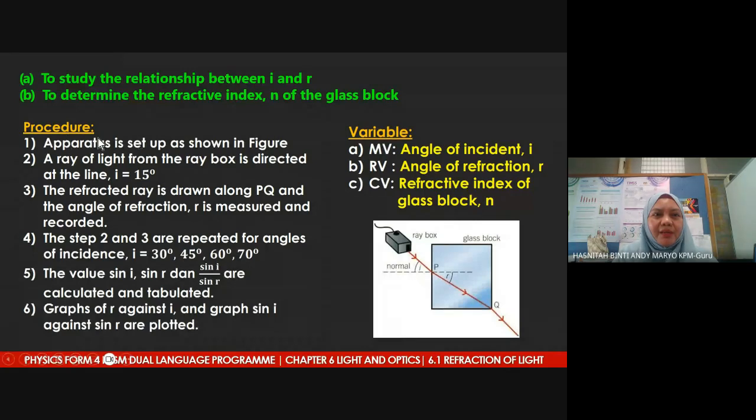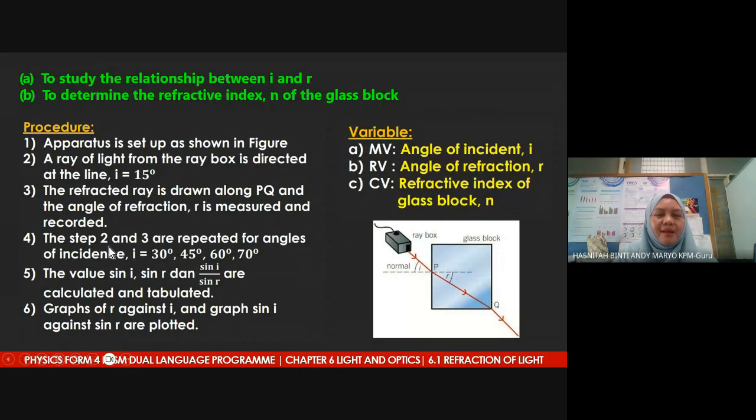The procedure you can read from number 1. We set up the apparatus and then we begin to direct the ray box at an angle of incidence of 15 degrees. We can use a protractor to measure 15 degrees. Then you will see the light will be refracted and come out from here. So we measure the angle of refraction also using a protractor.